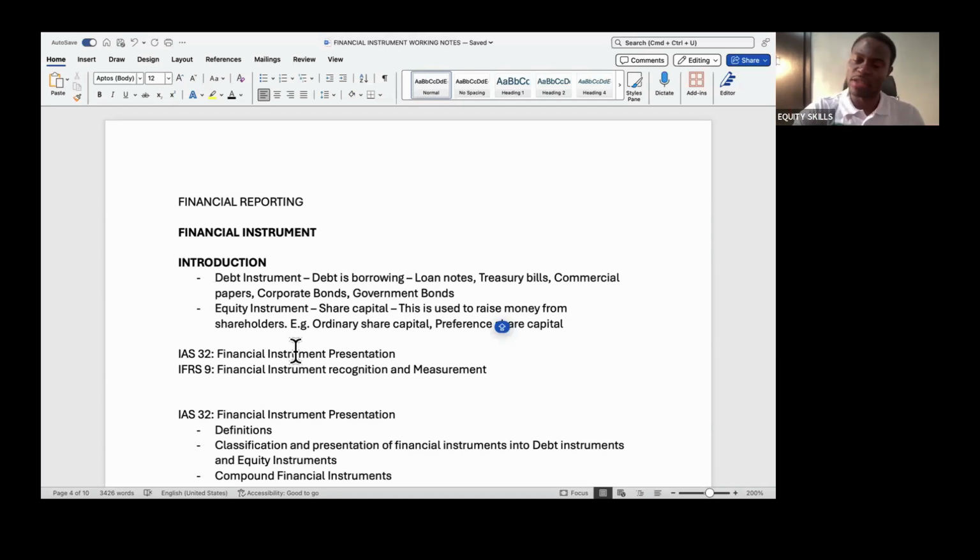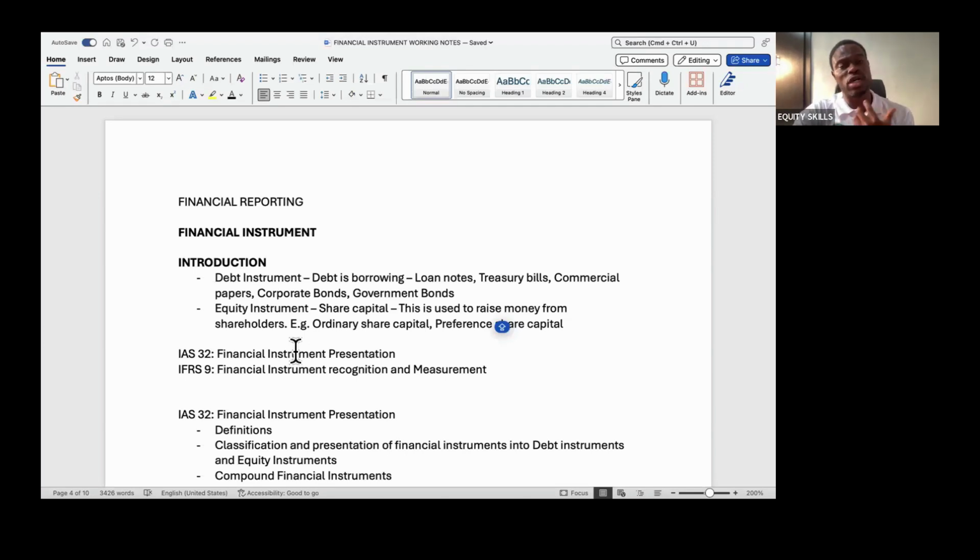Of course, for equity, you don't use it to borrow money, but you use it to raise capital, whereby the investor becomes your shareholder. And I made you understand that everything we want to teach you in this topic is majorly around accounting for these debt and equity instruments.